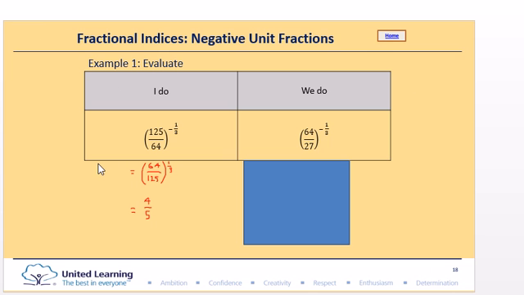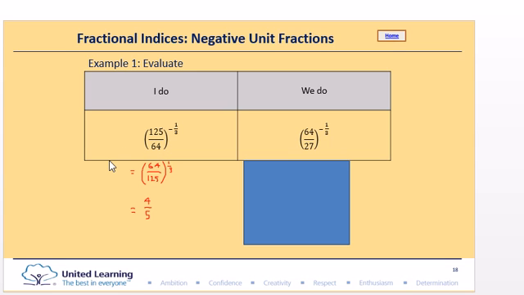Okay, so this example, the I do and we do here, are slightly different because this time we have a negative fraction as the power. But we've seen both of these things before and we can deal with them. The negative power, get rid of it by flipping this fraction upside down.